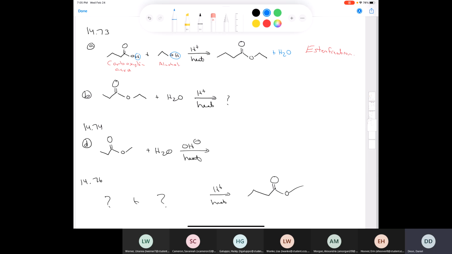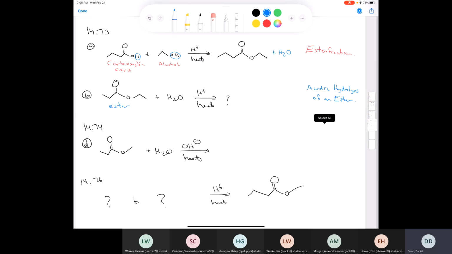The next one is where we're taking an ester. We have an ester, and we're putting it in water and acid. So here we're doing the opposite. This is the acid or acidic hydrolysis of an ester. We're breaking the ester apart.